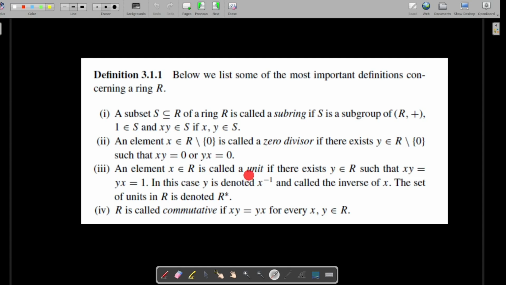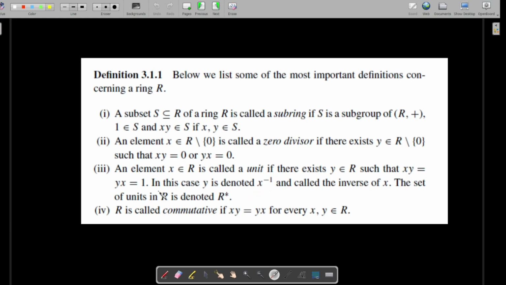And another definition is of a unit. An element x belonging to R is called a unit if there is y belonging to R such that x·y equals y·x equals the multiplicative identity in R, that is 1. So x is a unit if it has an inverse. In this case we denote this y as x inverse, and it's called the inverse of x.